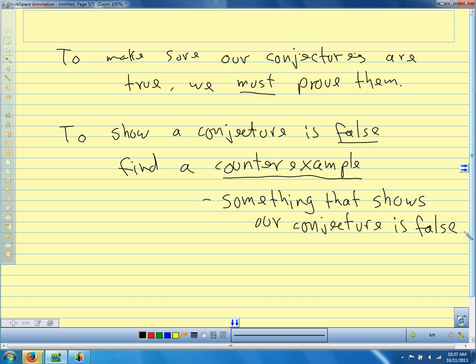Because with our conjecture, we're saying, okay, this is our rule, this is true. We find one counterexample, well, then our rule doesn't work. That might be the only exception, but that shows that that rule doesn't work. So for this last part, I'll throw out some conjectures, and we want to find counterexamples.